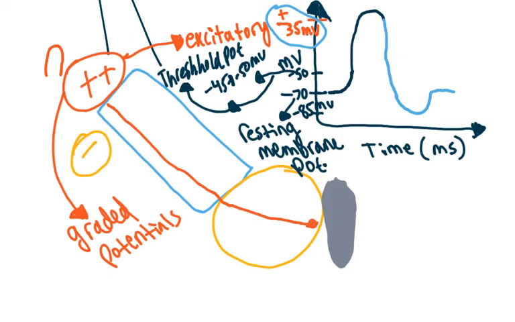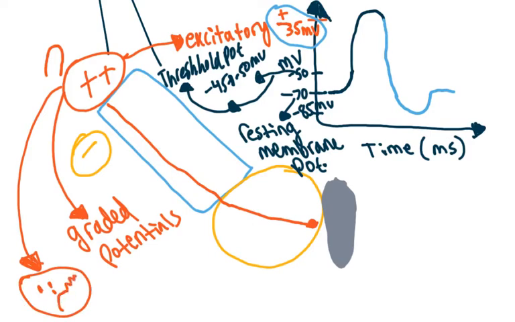But by the time they reach the axon hillock, if this positive signal was huge, like this big, the size and magnitude of that graded potential is going to decrease a lot. It doesn't stay the same. So just because you get a huge positive excitatory signal on the dendrite doesn't mean we're going to reach the threshold potential.